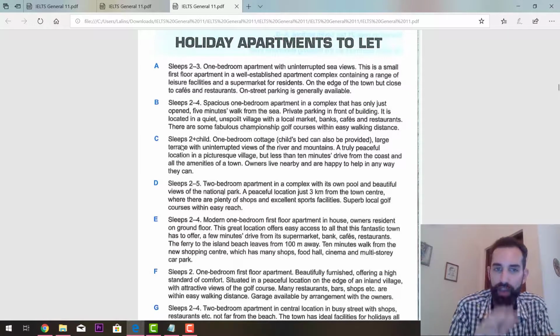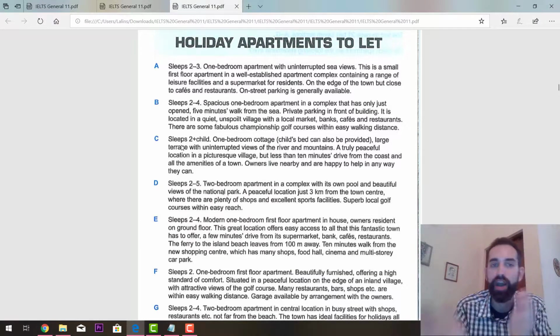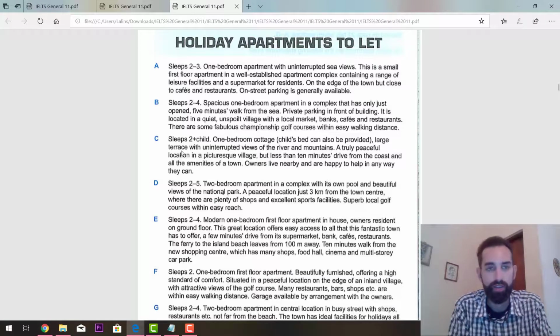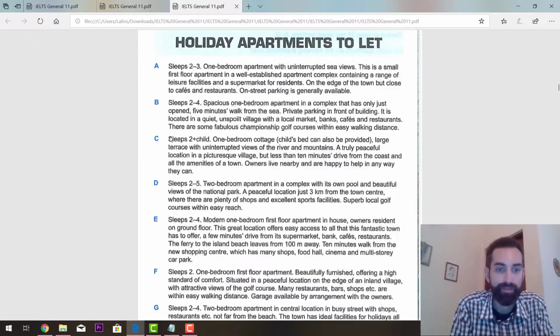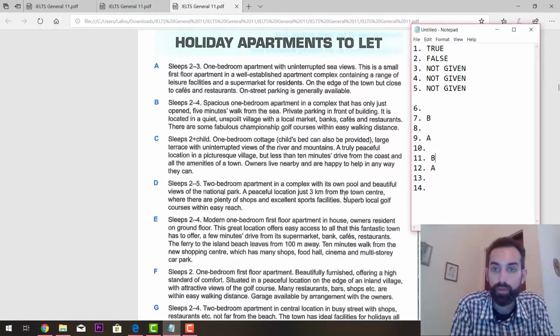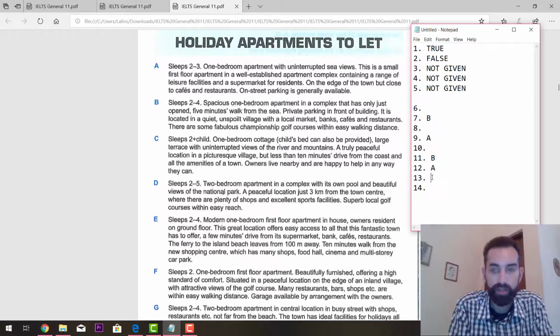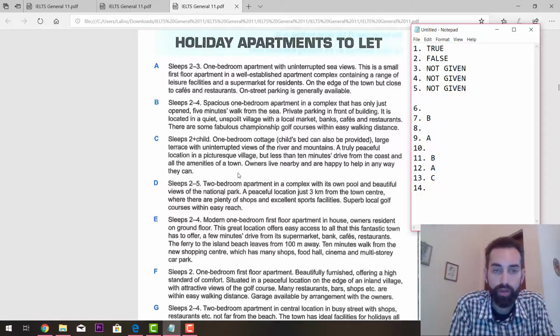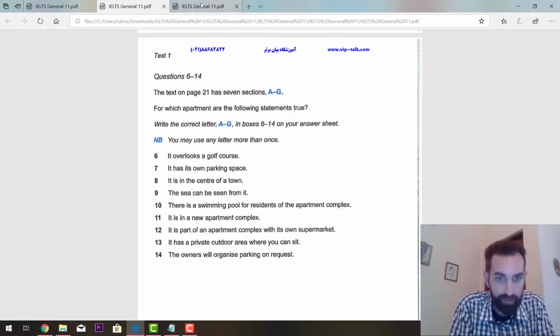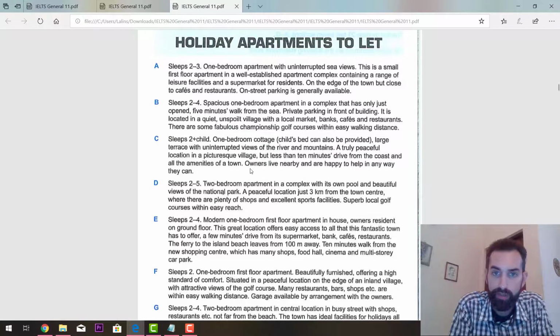You'll realize what that means compared to what the question is asking. So terrace, private outdoor area, aha. That means that question 13 is C. So now we go on to D, because yes, organized parking, didn't mention it.